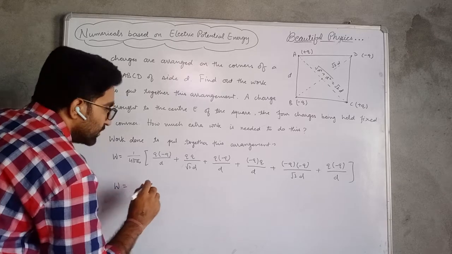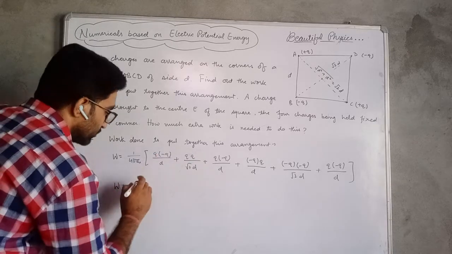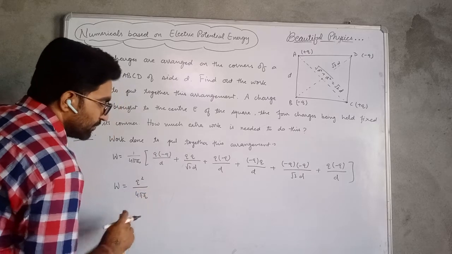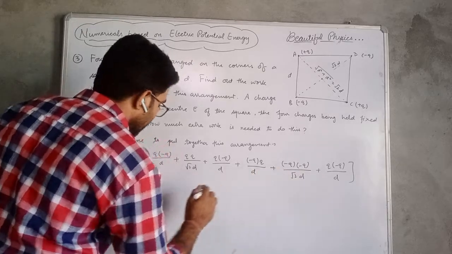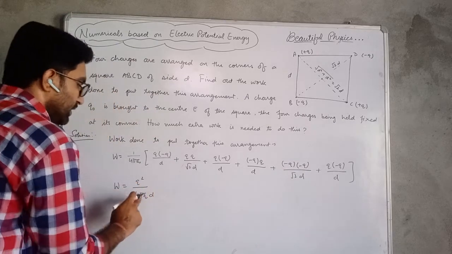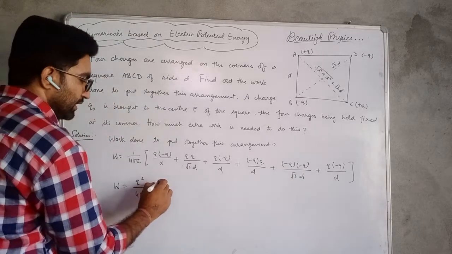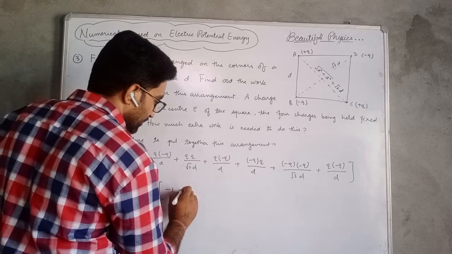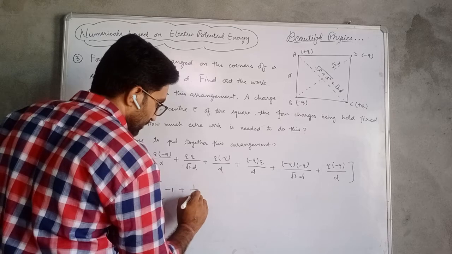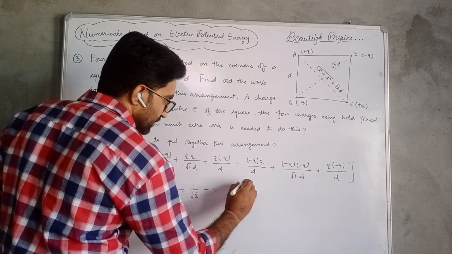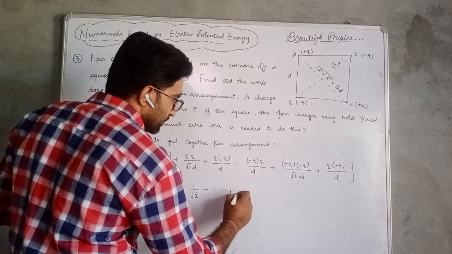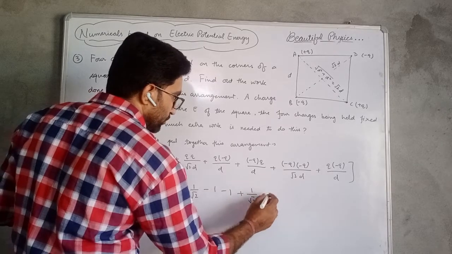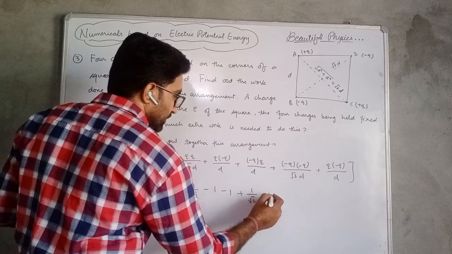From there we can take Q square as common, Q square upon 4 pi epsilon naught, and 1 by d can also be taken as common. So we have Q square upon 4 pi epsilon naught d, and inside we have the terms minus 1 plus 1 by root 2 minus 1 and again minus 1, and this one is plus 1 by root 2, and this term is again minus 1.